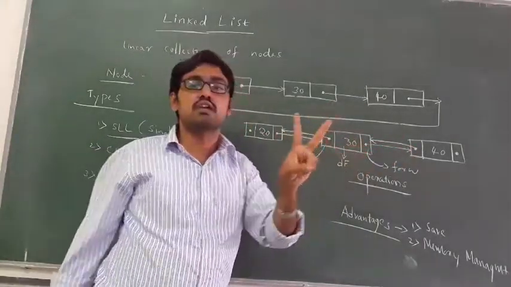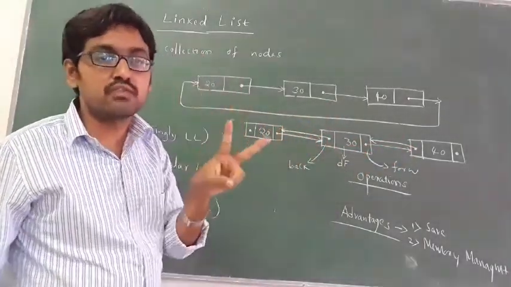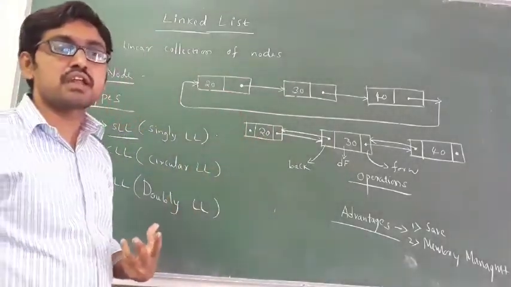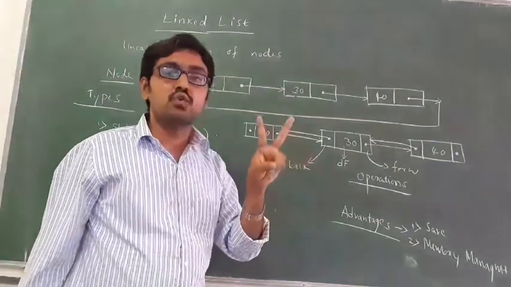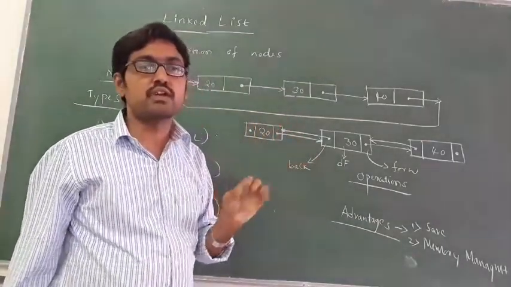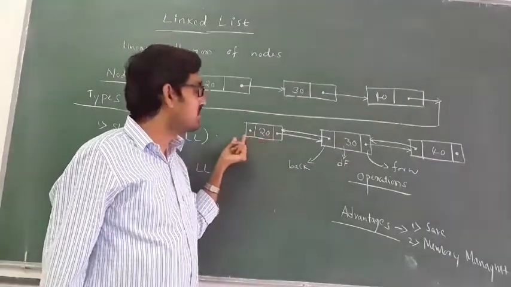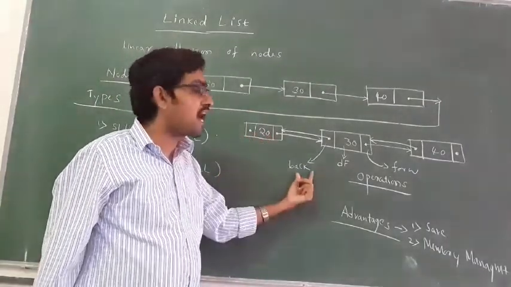That's why it contains two link fields. Two link fields means that is a doubly linked list. In a doubly linked list you get two link fields; it always contains two link fields. The first is the back link field.